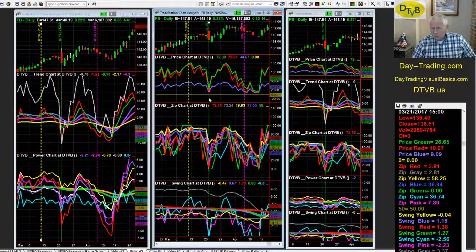It has blue lowest at 9, the red is at almost 11, and the green is at 26. 11 times 2 is 22, so it's under the green, which makes it qualify as a turnaround, next day up situation.